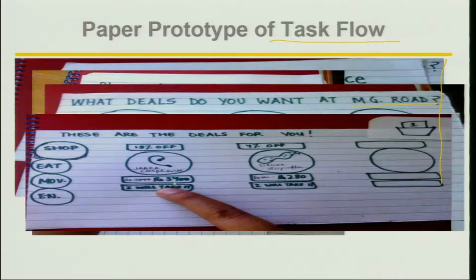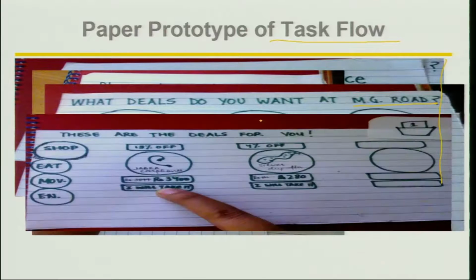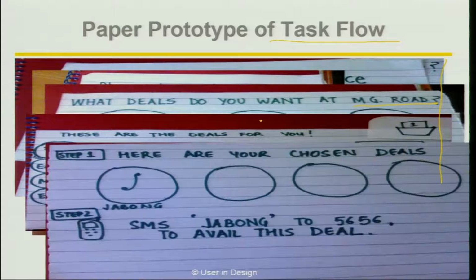These are the deals for you, right? So and so has this much percentage off, this much percentage off, and so on and so forth. So it is showing you all the deals and the successive screens based on what you chose over here. The next alternative is being shown to you, the next choice is being shown to you again on that same simple piece of paper, okay?